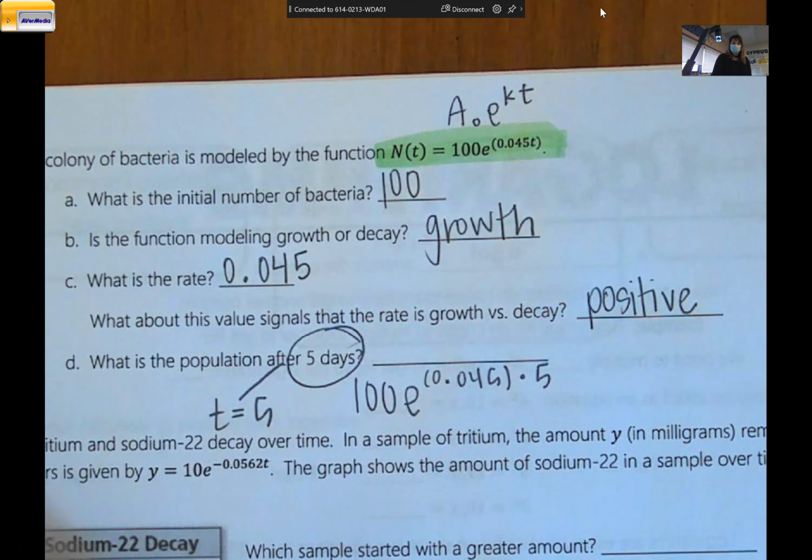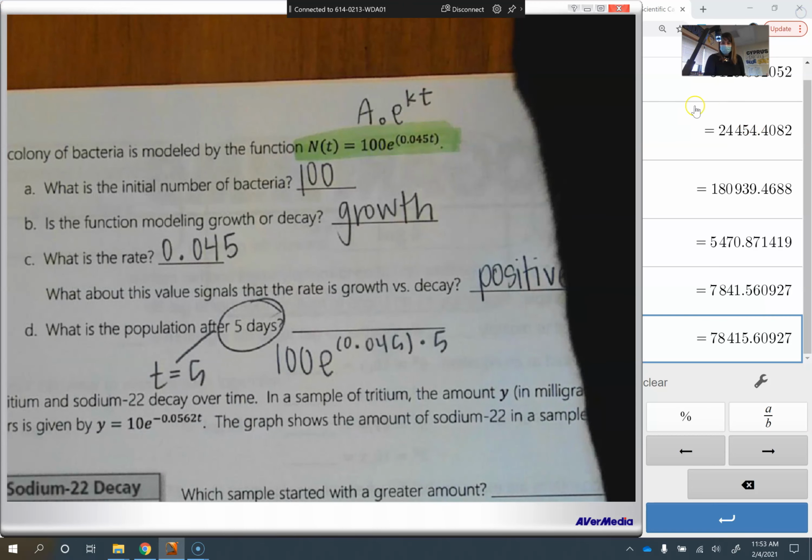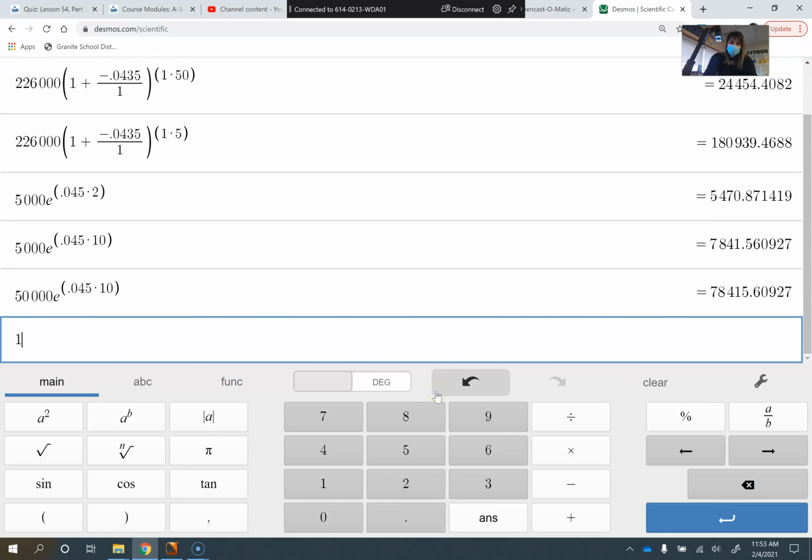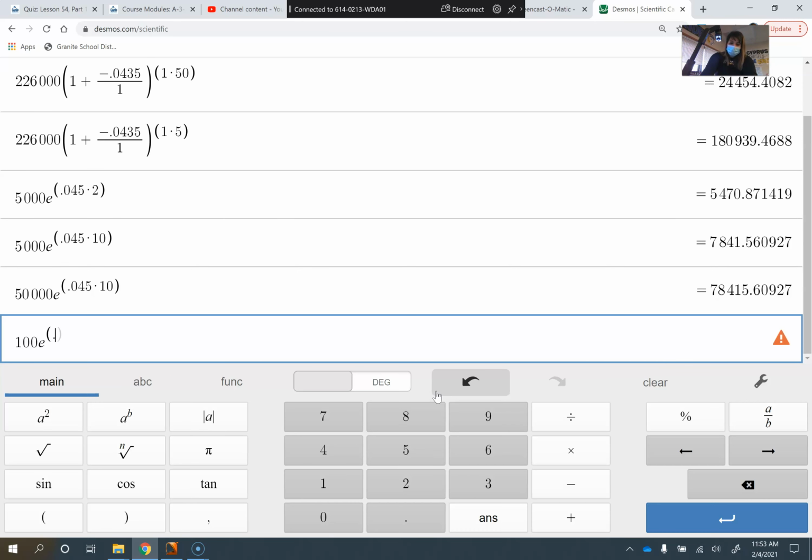So we can flip back over to Desmos. Plug in 100 e to the 0.045 times 5, and our bacteria goes from 100 to 125 in 5 days. That doesn't seem to be growing very fast.